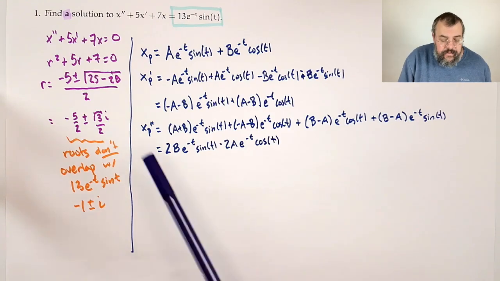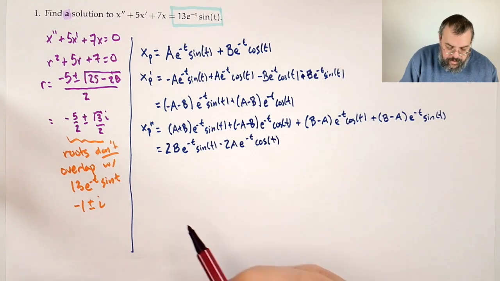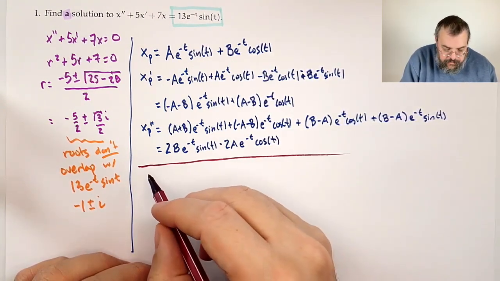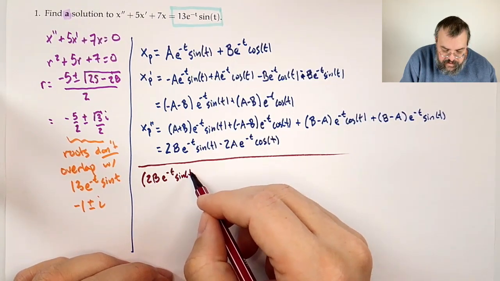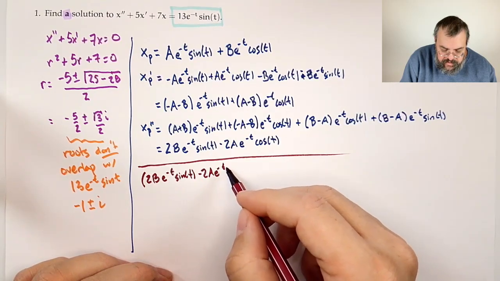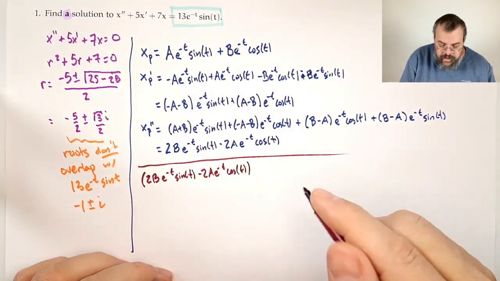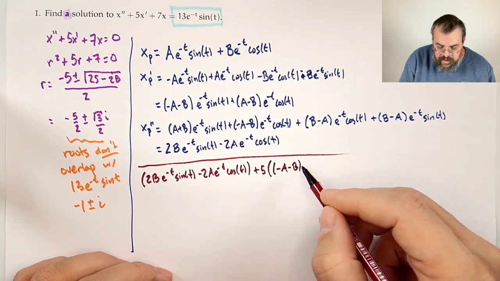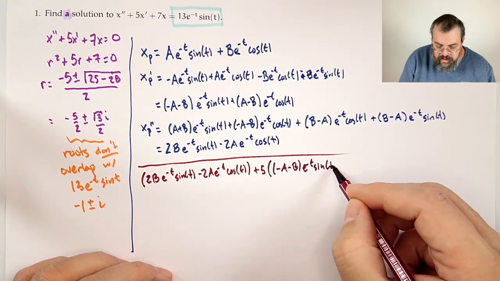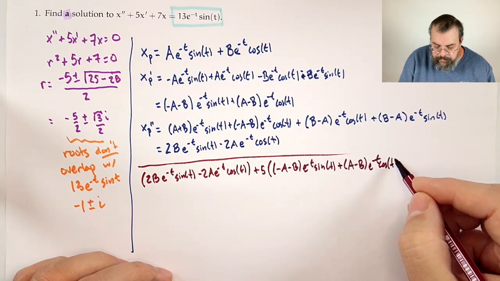Now that we have our derivatives, we can plug them into our equation. So that's our next step. What we'll do is we'll have our 2b e to the minus t sine of t minus 2a e to the minus t cosine of t, the second derivative, plus 5 times minus a minus b e to the minus t sine of t plus a minus b e to the minus t cosine of t.